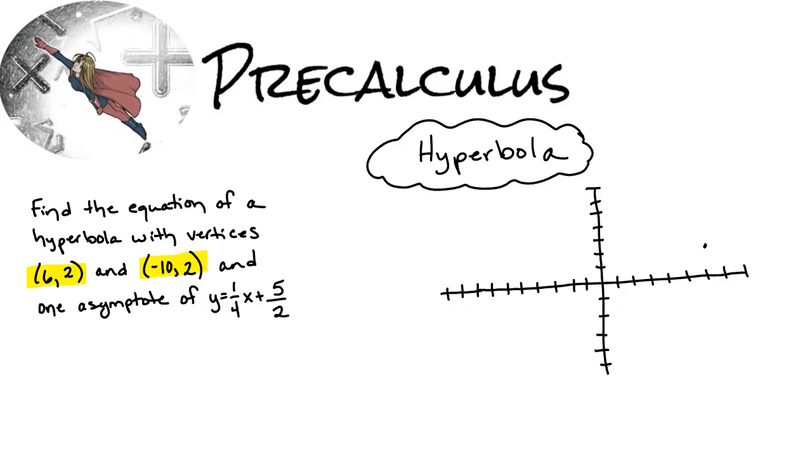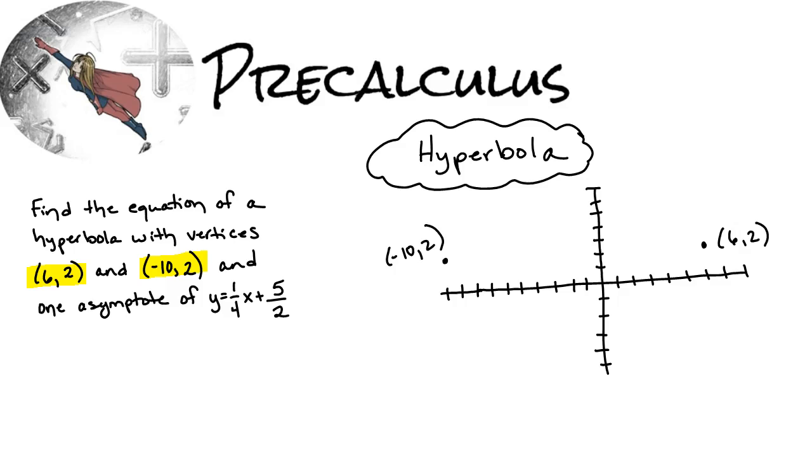6, 2 would be right about here. And negative 10, 2 is right about there. And then I need to find halfway between those 2 points to get the center.